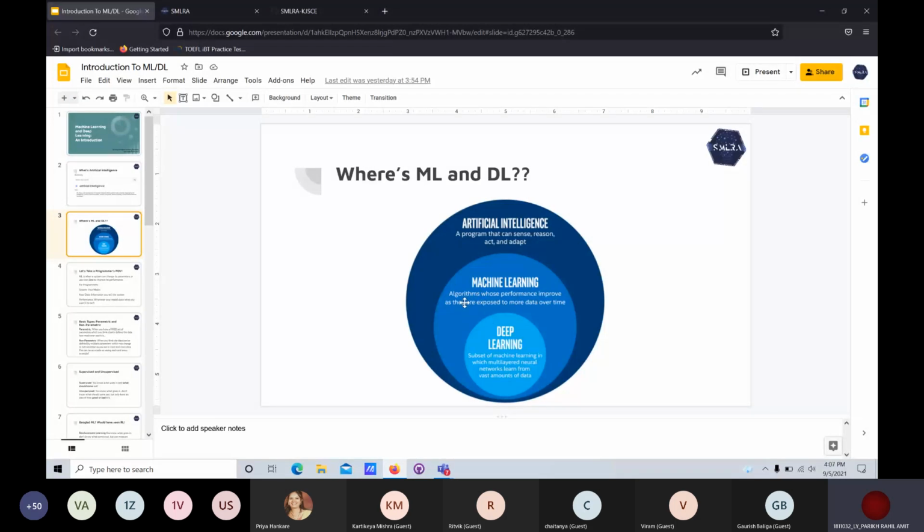ML algorithms are basically algorithms trained over time and over data to give predictions, and deep learning models involve multiple neural networks, and it becomes a black box after a point. So you can look at this graph whenever you're confused between what is ML and what is DL.